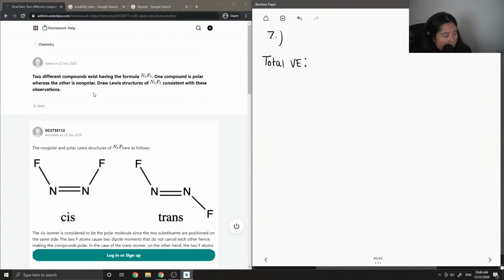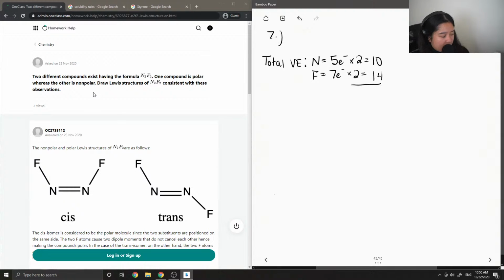compound. So in the case of N2F2, we have nitrogen, which has 5 valence electrons. And since there are 2 nitrogen atoms, we multiply this by 2 and get 10. And for fluorine, each atom has 7 valence electrons, and there are 2 of them, so we have 14.